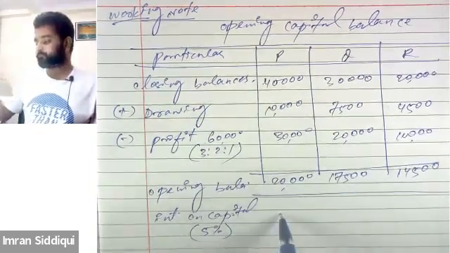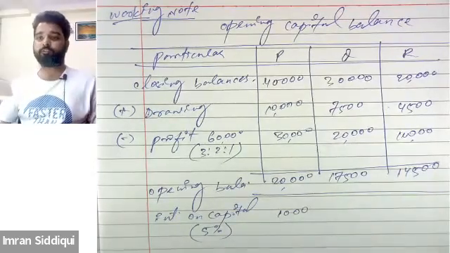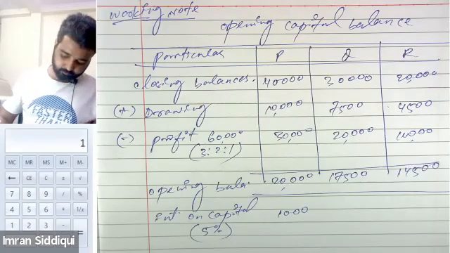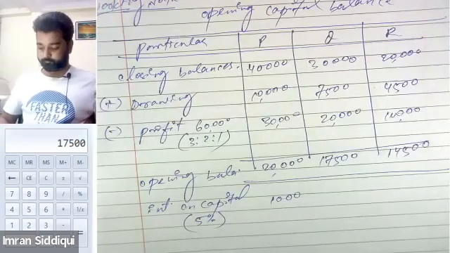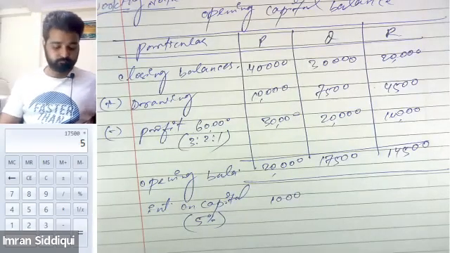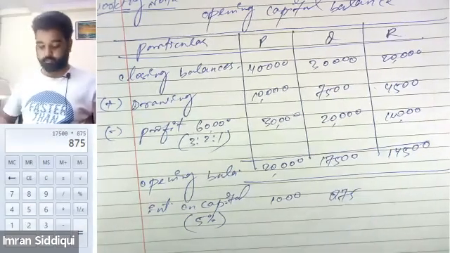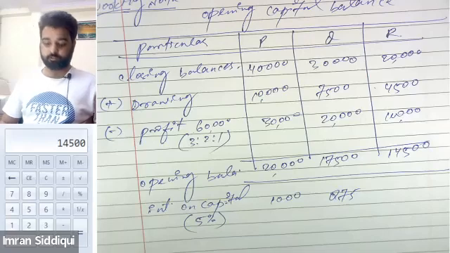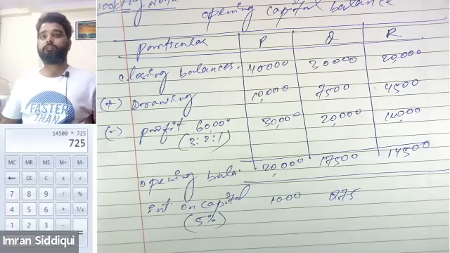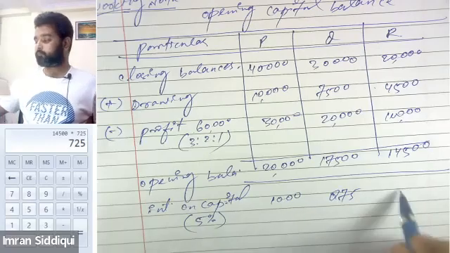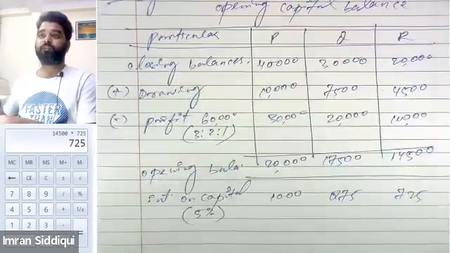It will be 1,000, and 5% of 17,500 will be 875, and 5% of 14,500 will be 725. Is this clear, everyone? The calculation is clear to all of you.